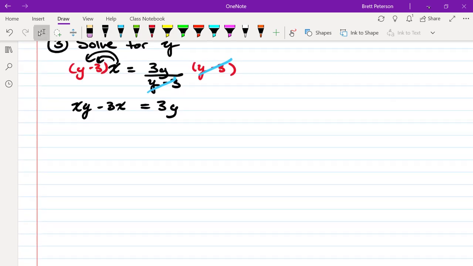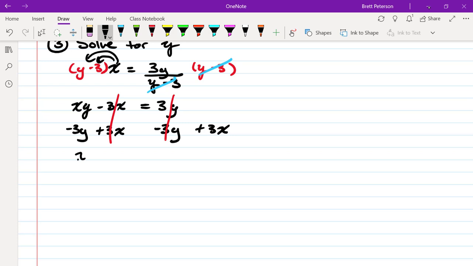And we need to solve this equation for y, so we need to get all of our y's on one side and everything without a y on the other. So I minus 3y, a minus 3y. I'm going to add 3x, I'm going to add 3x. And these reduce out and these reduce out, and that leaves the equation xy minus 3y is equal to 3x.